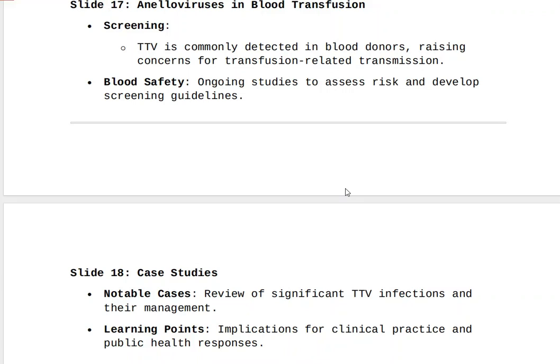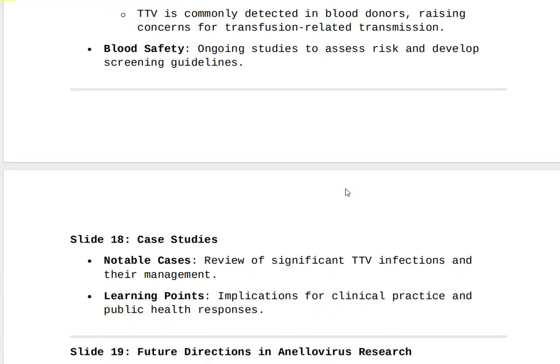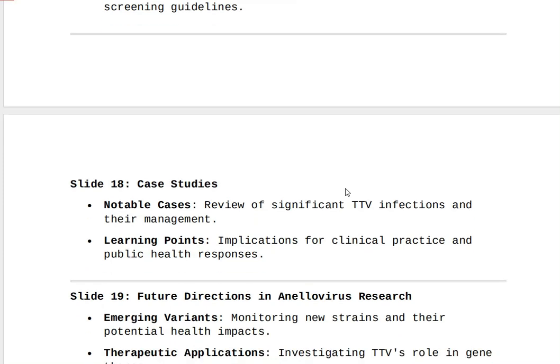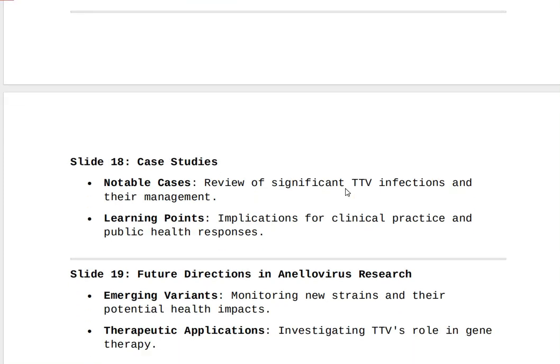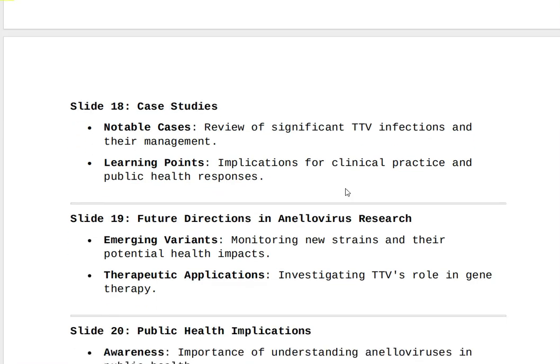But since there is no known disease associated with this condition, it is still a threat, but not necessarily a problem. There are ongoing studies to assess the risk and develop screening guidelines. So maybe in the future, this will be one of the viruses screened for if someone is going to donate blood.